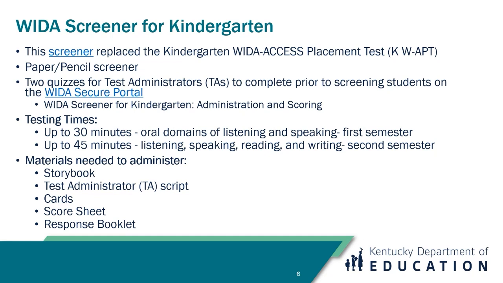For this one, the student is in kindergarten, so there's only a WIDA screener for kindergarten. But for our grade 1 students, you always back it up. For grades 1 through 12, you're going to back that up. So that grade 1 student would take the kindergarten screener as well in first semester.